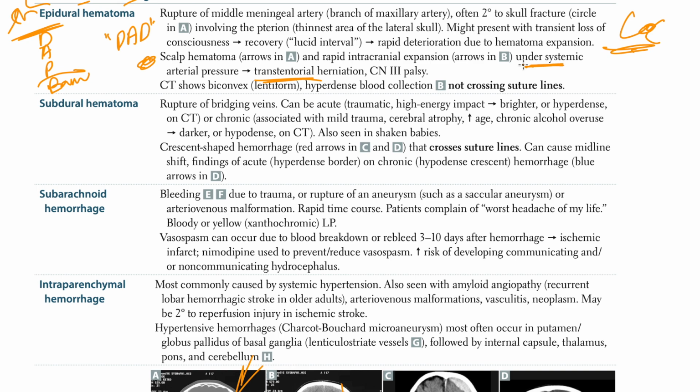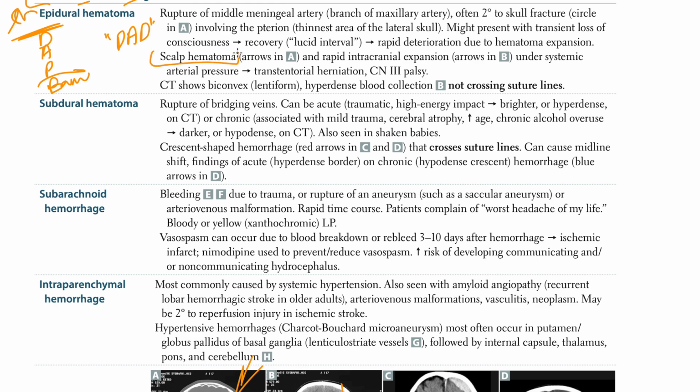Because under systemic arterial pressure, you're increasing intracranial pressure so much that it's going to cause transtentorial herniation, and also that increased ICP will cause coma and death can happen. Plus, you will see signs and symptoms of increase in ICP. Again, all of these are due to the fact you're increasing the ICP.